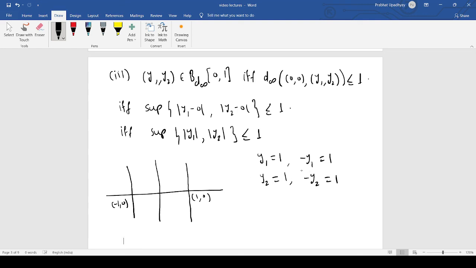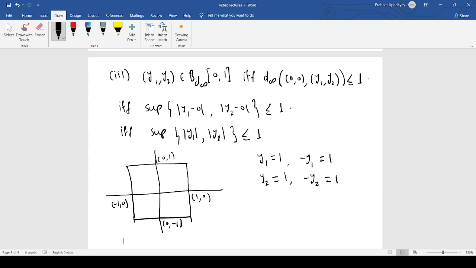Then y2 equal to 1 is a straight line passing through 0 comma 1. And minus y2 equal to 1 means a straight line passing through 0 comma minus 1. So it's a square.